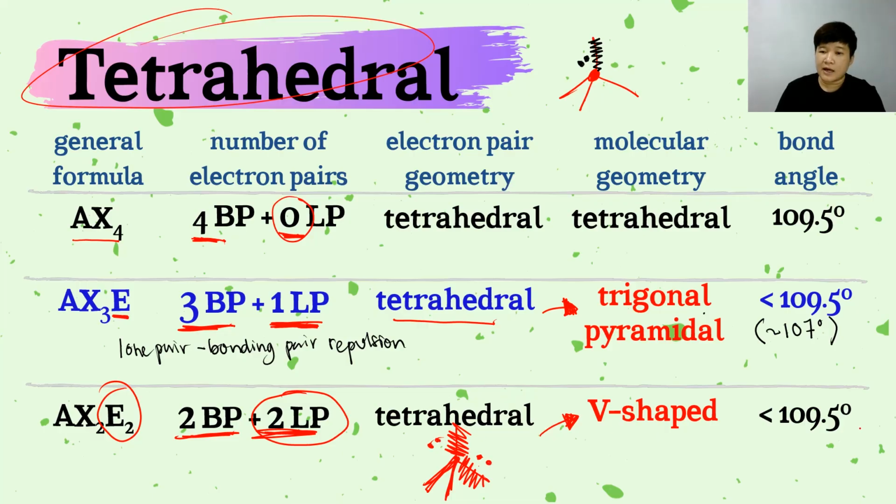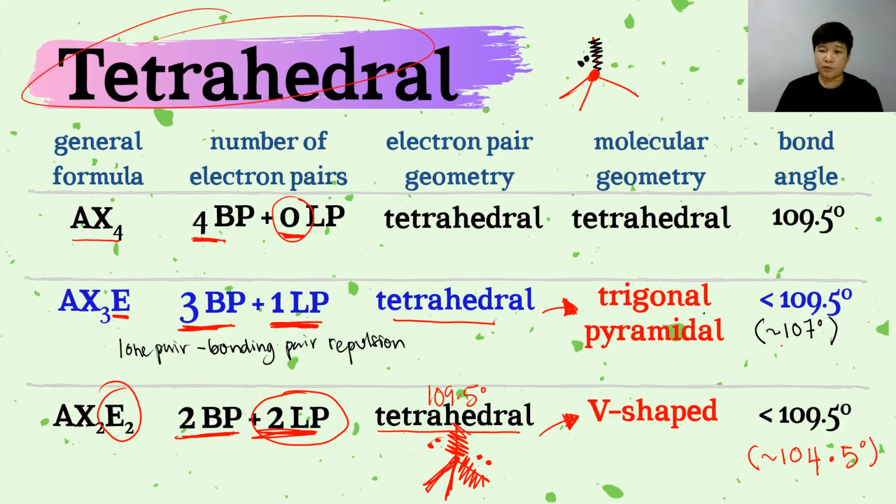That is your V shape. And the bond angle will be less than 109.5 because we started off as a tetrahedral. The original bond angle is 109.5. So when you have 2 lone pairs, the repulsion will be even stronger. So the bond angle will be smaller than 109.5, which will be approximately 104.5 degrees.